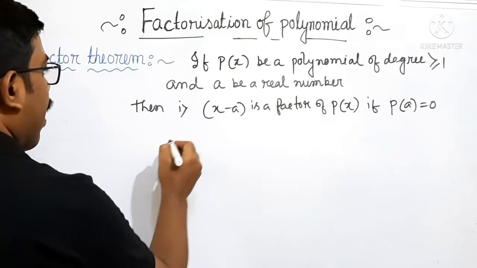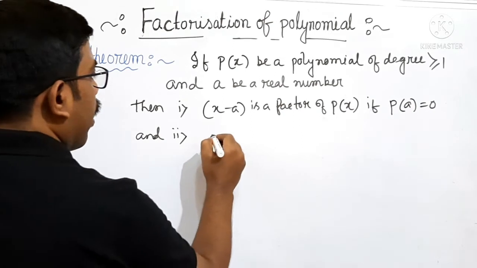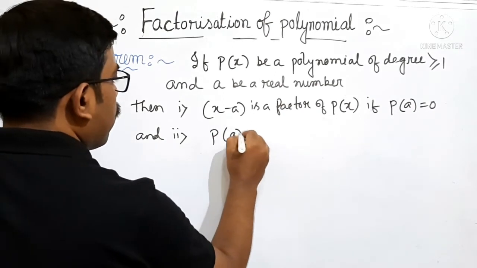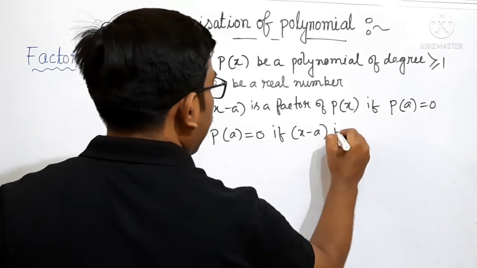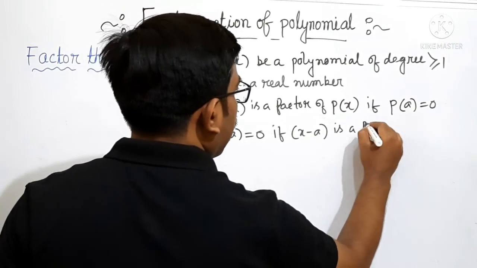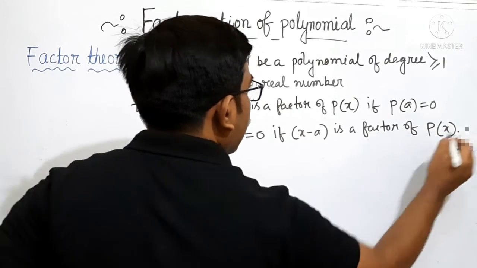Okay, and number 2, P(a) is equal to 0 if x minus a is a factor of P(x).